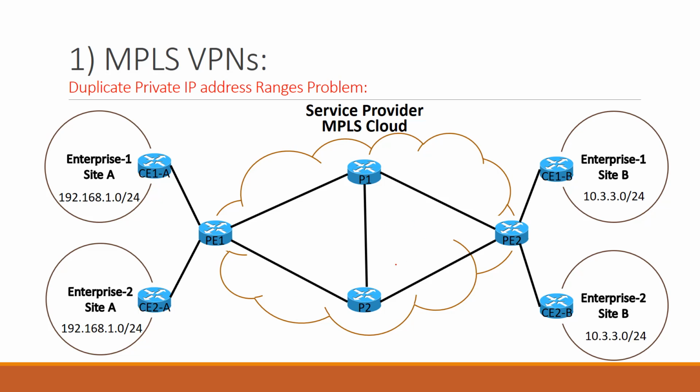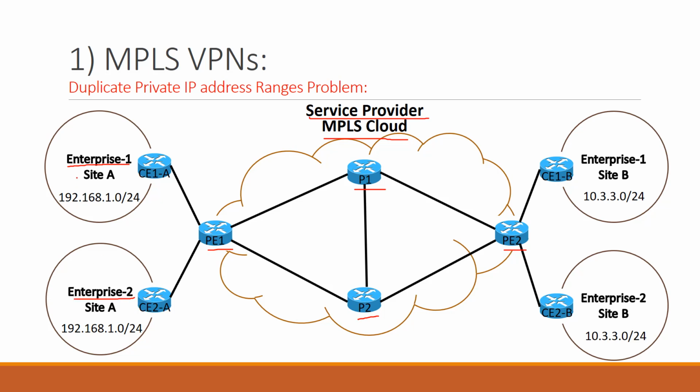So to make this problem clear, we have here a service provider that uses MPLS inside its cloud. So we have the MPLS cloud. This cloud consists of provider edge 1, provider 1, provider 2, and provider edge 2. We have here two enterprises, enterprise 1 and enterprise 2.